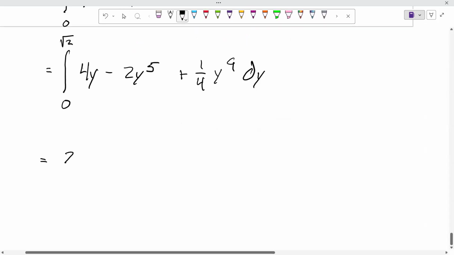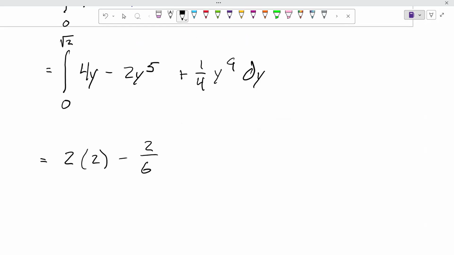So this will be 2 times the square root of 2 squared, which is just 2, minus 2/6 times the square root of 2 to the 6th power, which is 2 cubed, which is 8, plus 1/4 over 10, so 1/40th of the square root of 2 to the 10th power, which is 2 to the 5th, which is 32, I think.